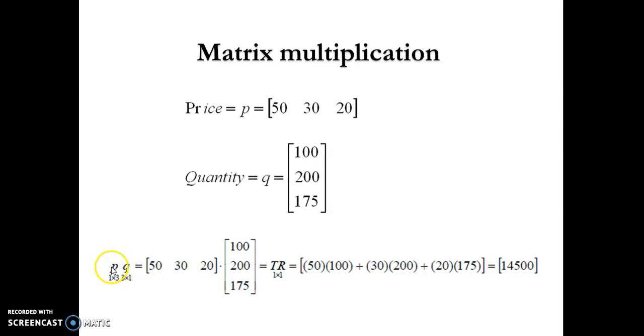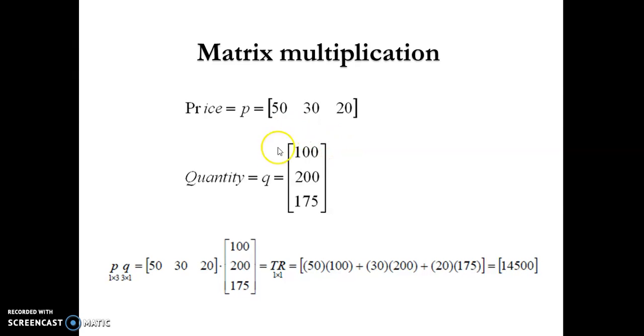So if we look at this row vector P, it has an order of 1 by 3. Remember, we always say rows by columns. So it has one row, but it has 3 columns.